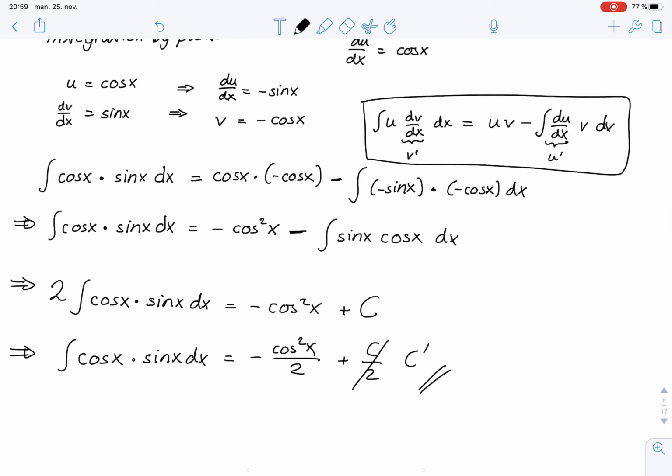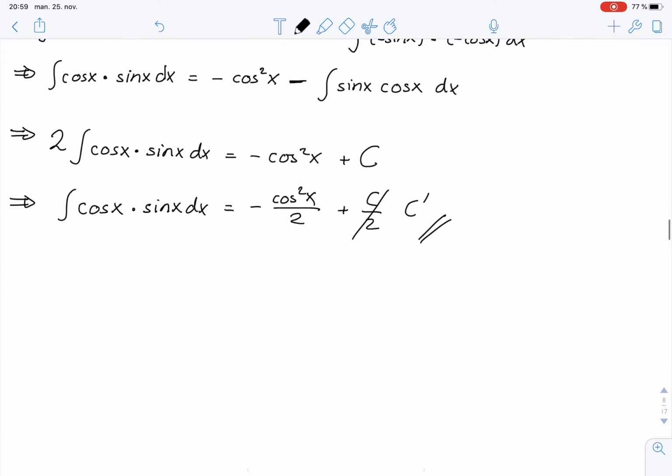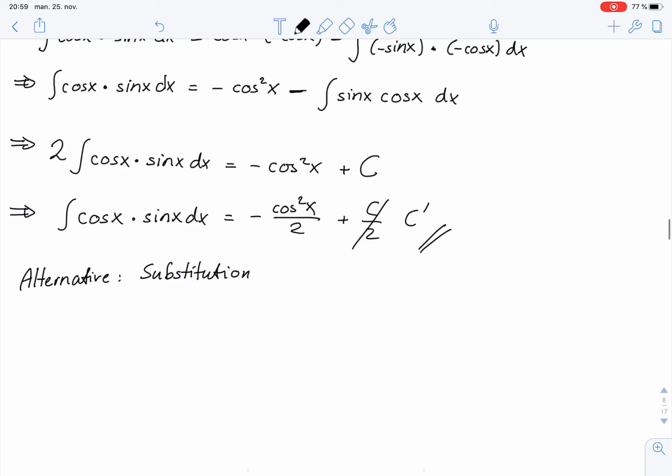So let's make an alternative. Substitution. In math, there are often different ways to solve each question, and which way you decide to solve it, that's totally up to you. So let's do this again.